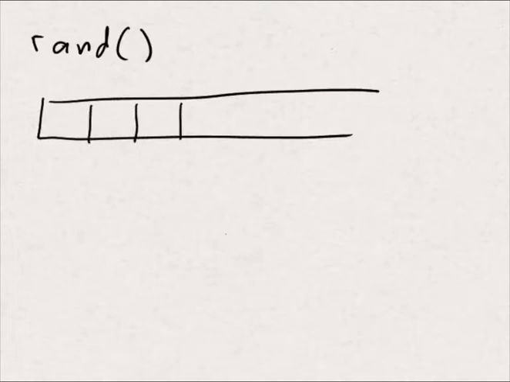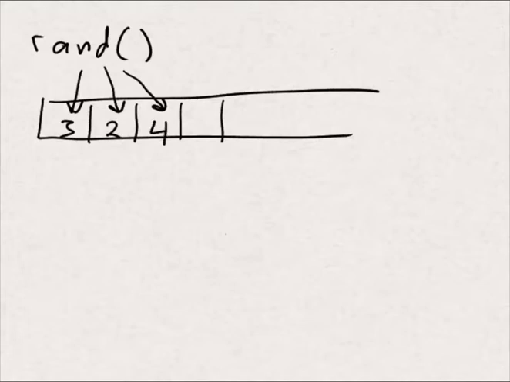And what we want to do is generate a random number and put it in each one of these boxes. So we generate a random number, add it to the list. Generate a random number and add it to the list. Generate a random number and add it to the list. We can do this, and if we do it, it will work fine. Maybe we'll get some random numbers like this, and that's pretty good.